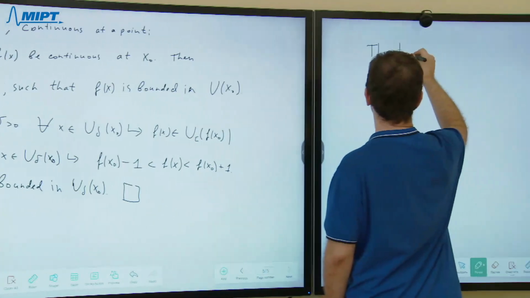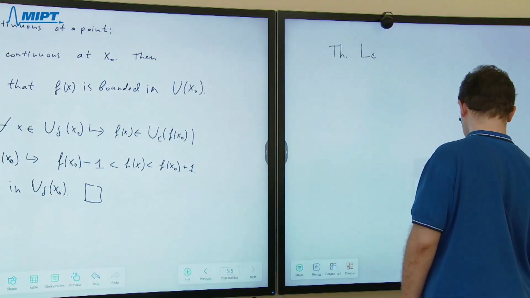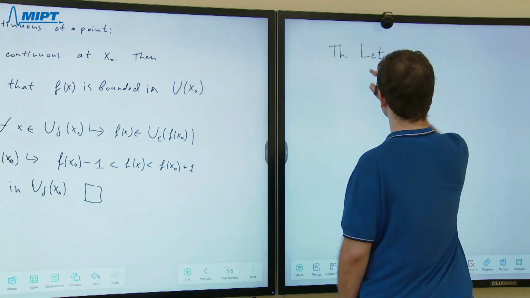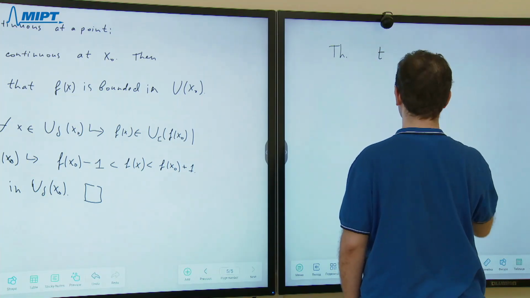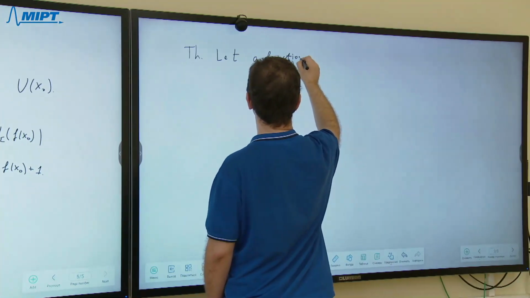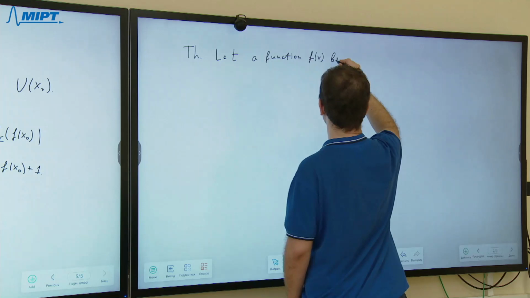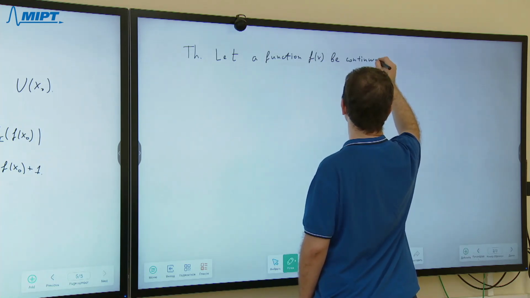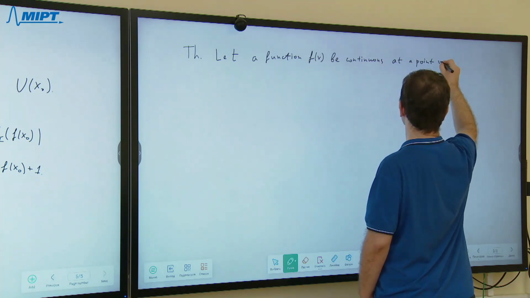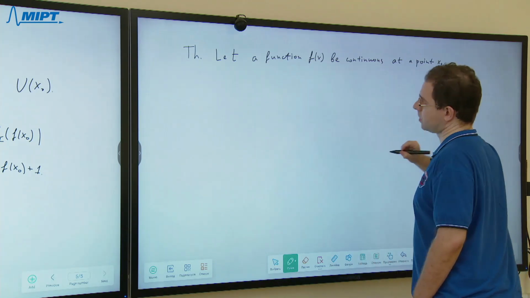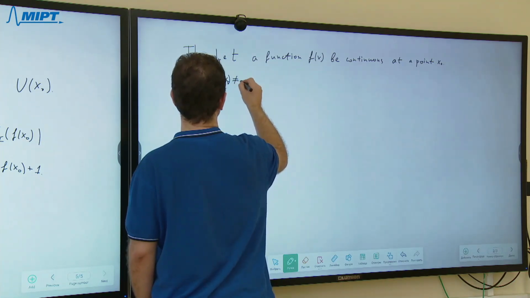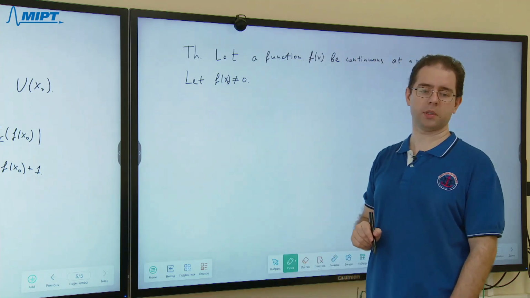Theorem. Let a function f of x be continuous at a point x0, and also let f of x0 be not 0, so either a positive or a negative number.